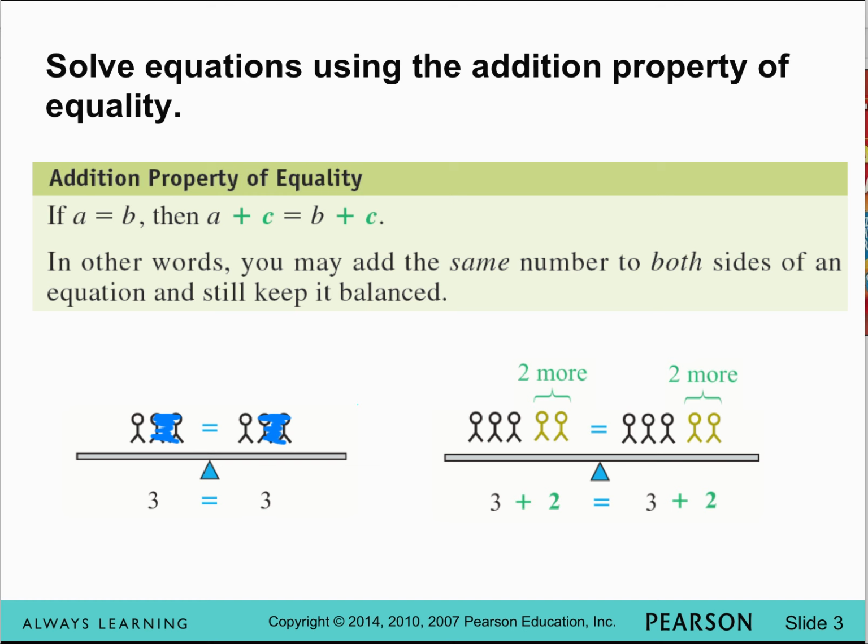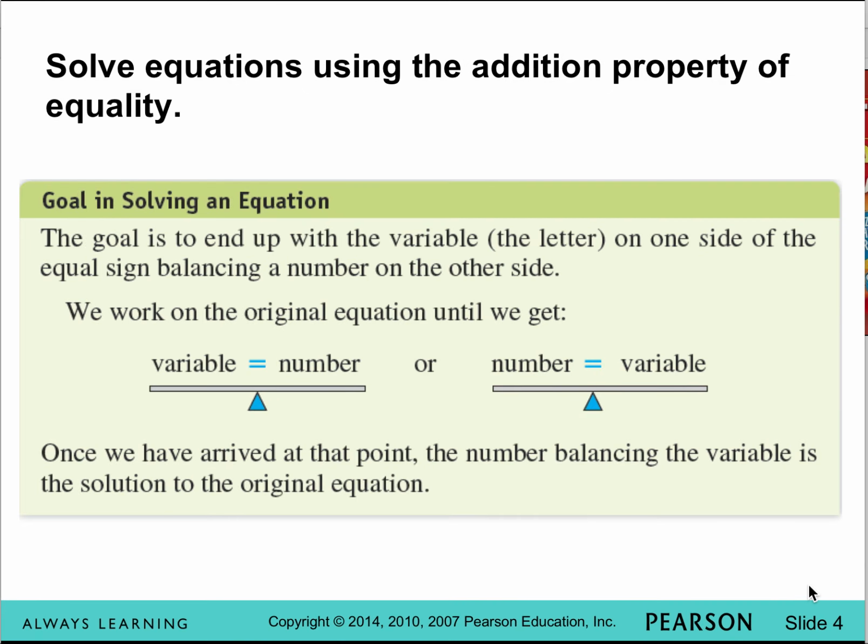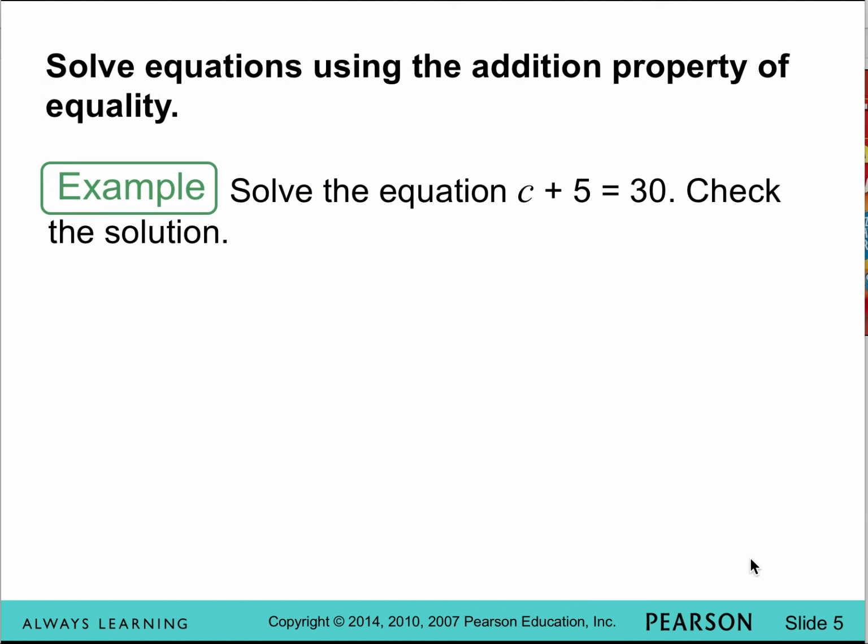As long as you do the same thing to both sides. Then we're going to use that idea to solve equations, meaning we work an equation down until all I have on one side is my variable and on the other side a number. And then we'll consider it solved. We'll have x equals some number. That's our goal. So we're going to make what we call equivalent equations using those properties.